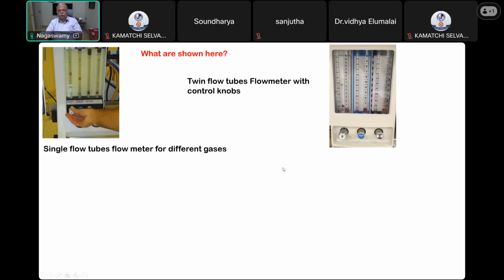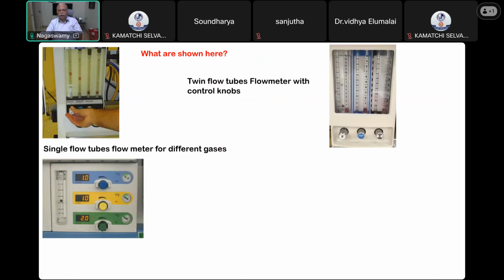Okay, what is the purpose? Why they have to incorporate 2 flow tubes? One is to maintain a low flow, and the other one is for high flow. After the concept of low flow anesthesia has been incorporated in our day-to-day practice, they wanted to deliver exact measurement of the gases with less than 1 liter. Because there are 3 flows, what are the 3 flows that you have to maintain? Suddenly the examiner may jump to the question on low flow anesthesia.